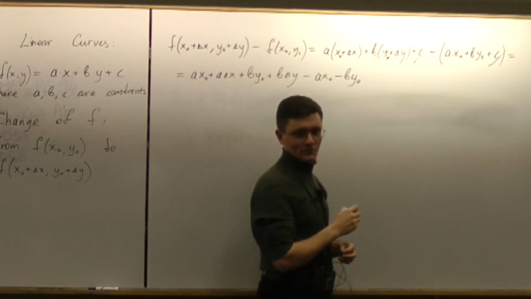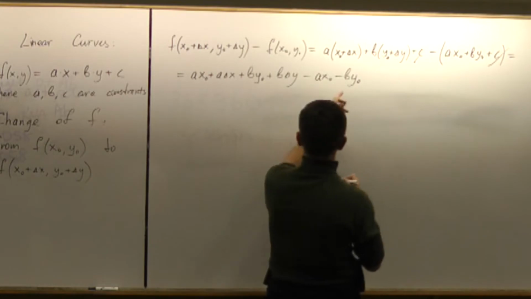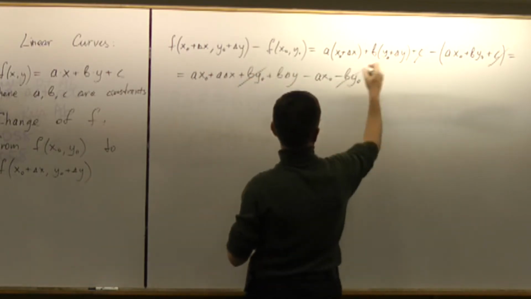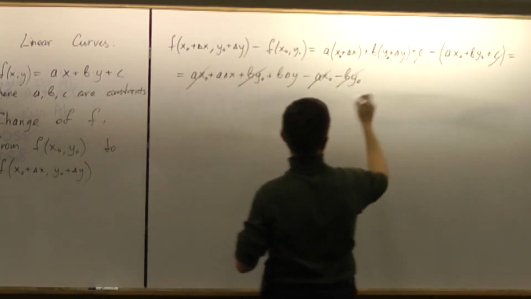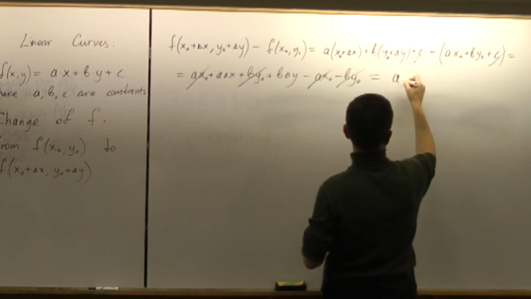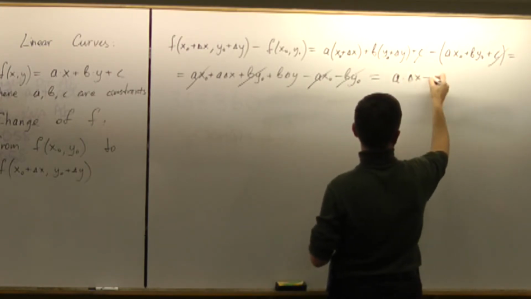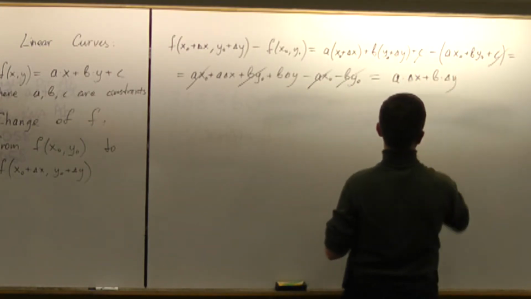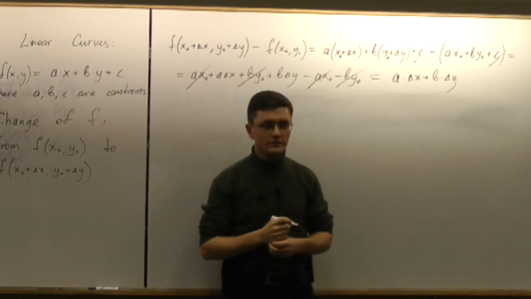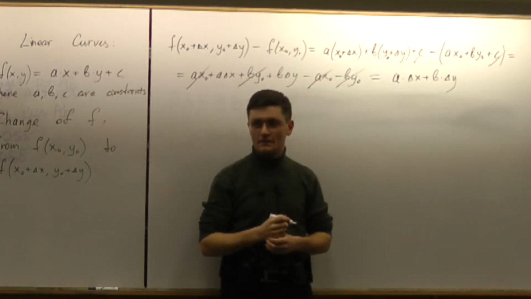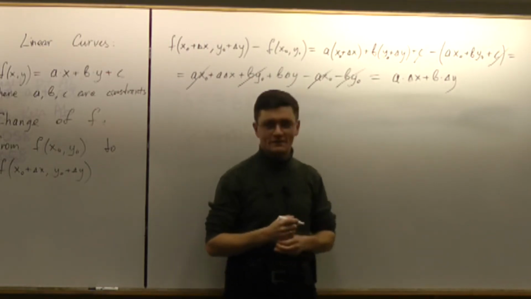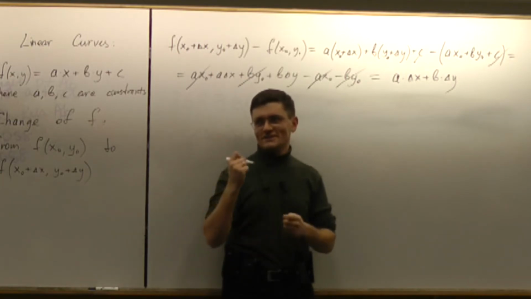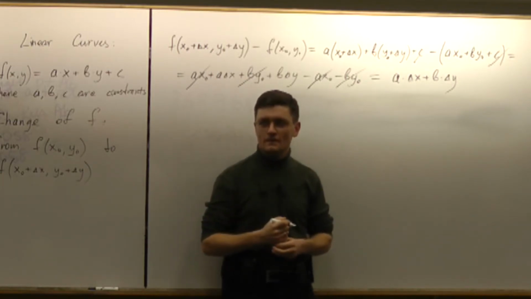And is it better with minus? It is better because something cancels, right? b y0 cancels, a x0 cancels. And the whole thing is a times delta x plus b times delta y, which looks like a linear equation and dot product. Yes, it looks like a dot product.